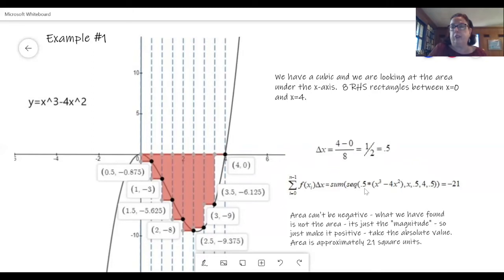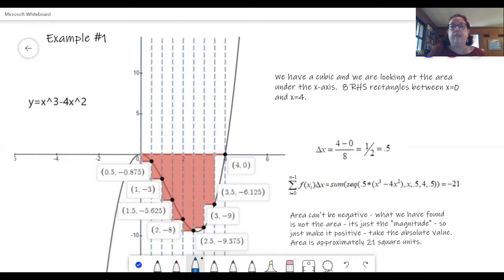So the base of each rectangle is a half, and the height of each rectangle is on the function, x is the variable. We're taking the right side of every rectangle to get the height, and so the first one is x equals 0.5, the last one is x equals 4, and the delta x is 0.5. And when we do this, we get negative 21.